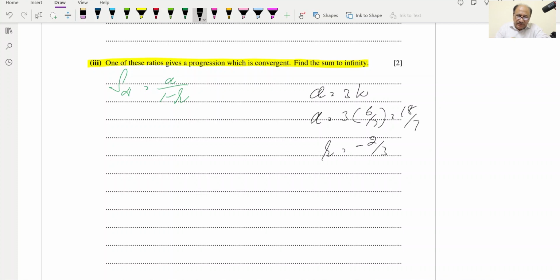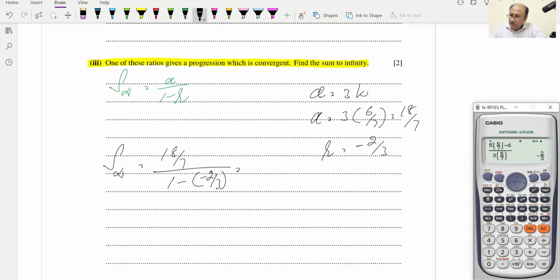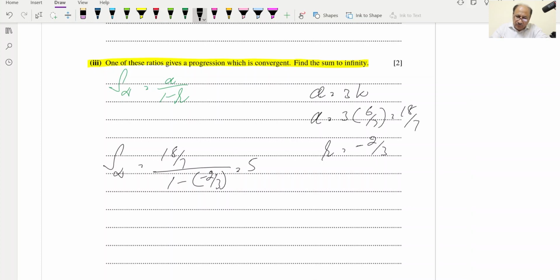So if we replace these two values, S infinity will be equal to 18 by 7, which is the a value, divided by 1 minus r, so minus 2 by 3, and this will be equal to what? We can solve this, so it will be 18 over 7 over 1 minus (minus 2 over 3), and this will be equal to 54 by 35.